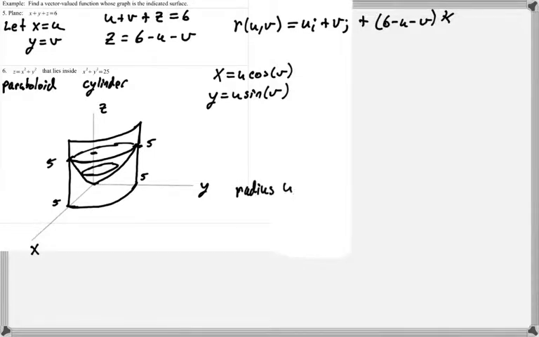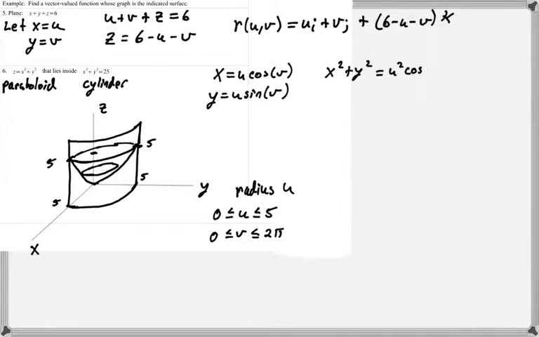So we're going to let the radius vary, and we want it to vary between 0 and 5. 5 is going to be the absolute largest there once it hits the edge of the cylinder. Okay. And then the v, we just want that to vary from 0 to 2 pi, so you get those full complete circles.